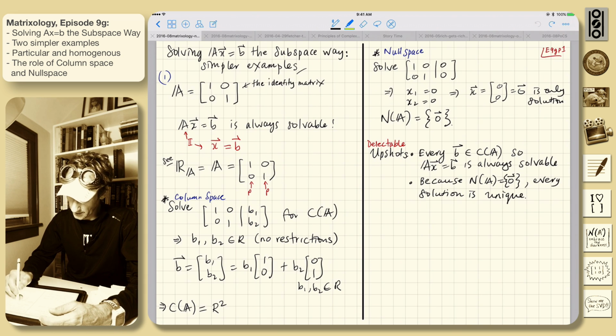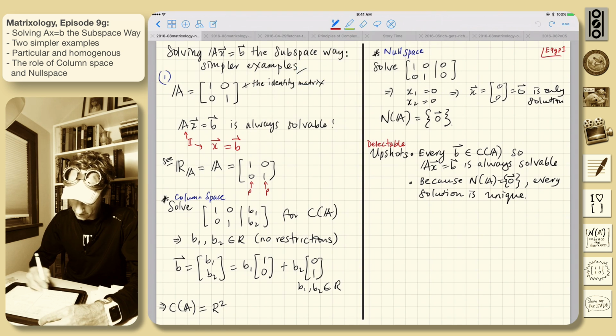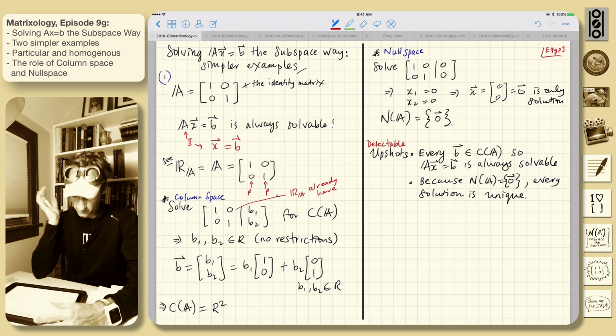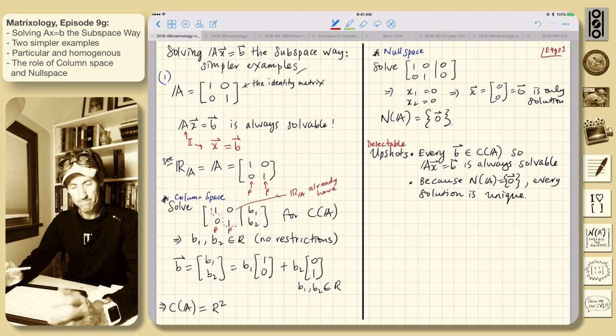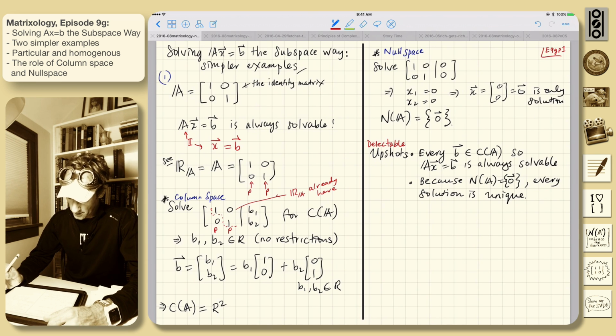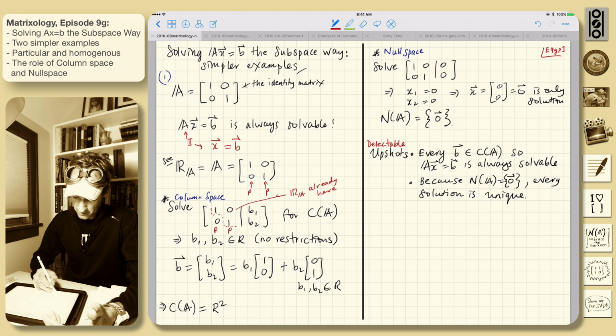This is already the reduced row echelon form, R sub A. So we're done. We have pivots: there's a pivot column here and a pivot column here. Perfect. And so B1 and B2 can be anything.